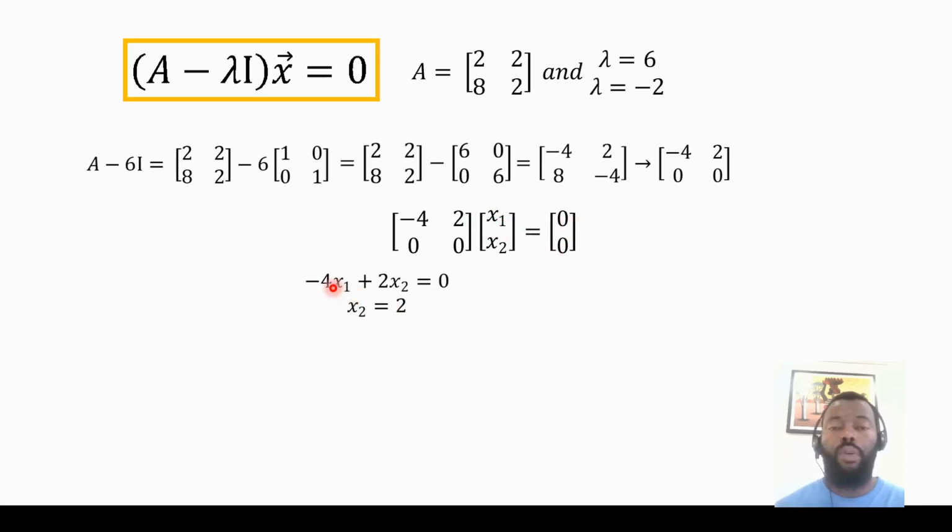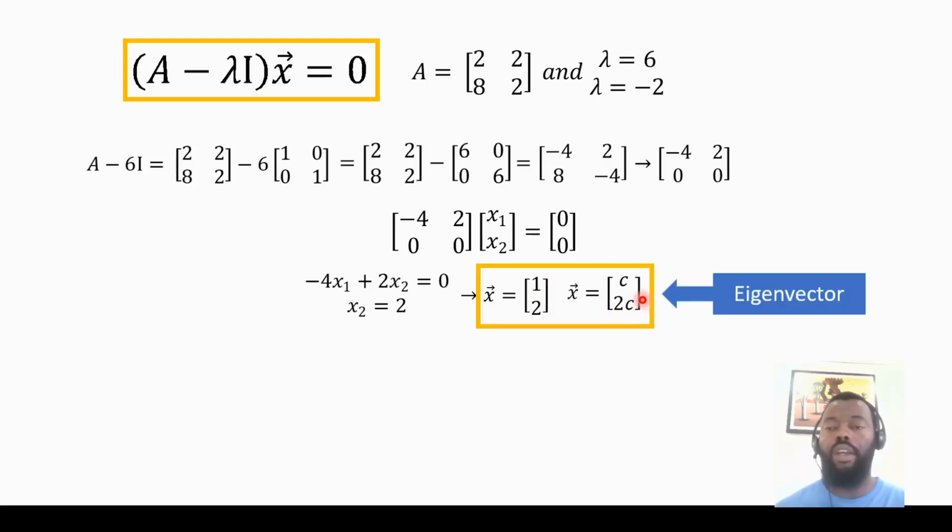So here we can simplify it, and when we have x2 equal to 2, we will have 1 here, and the result will be 0. So here we have our eigenvector 1, 2. So this is a form of the vector. Any multiplier of this vector qualifies to be an eigenvector. So we have this case, and here we have the eigenvector for lambda 6.